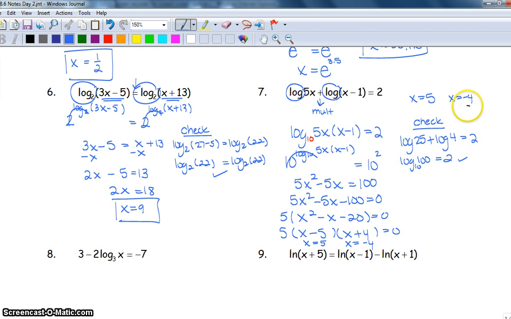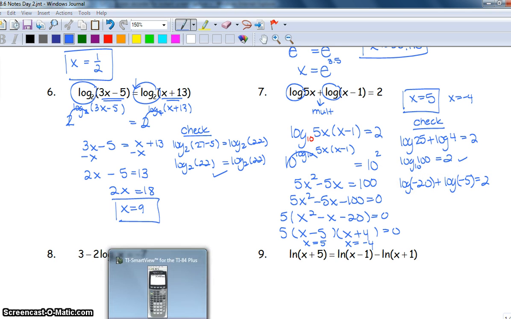So let's check our second answer of negative 4. So I've got log of 5 times negative 4, which is a negative 20, plus log of negative 4 minus 1, which is a negative 5, equals 2. Now this is not going to work.